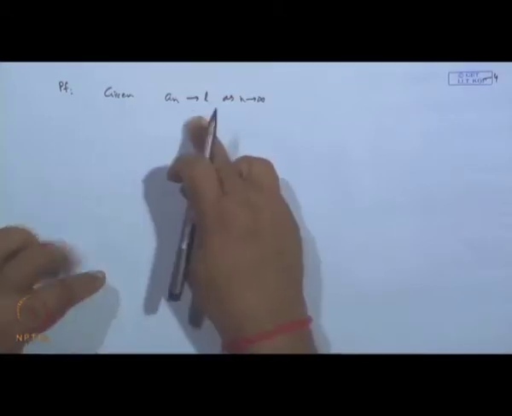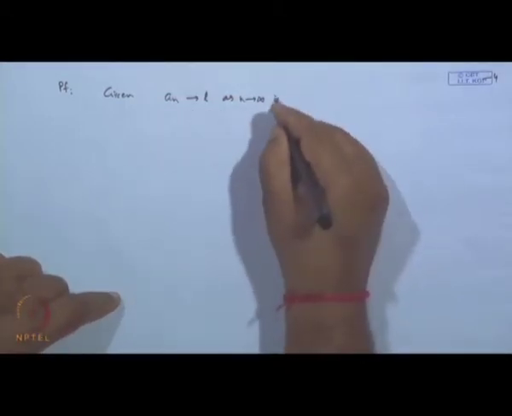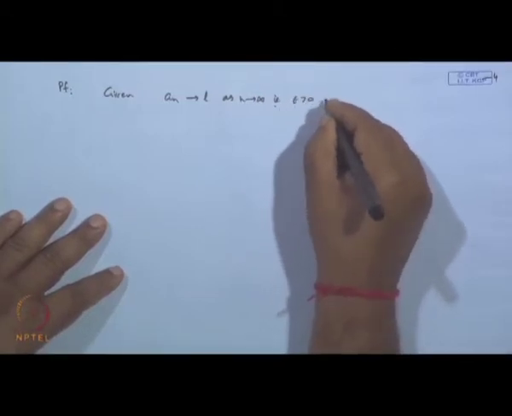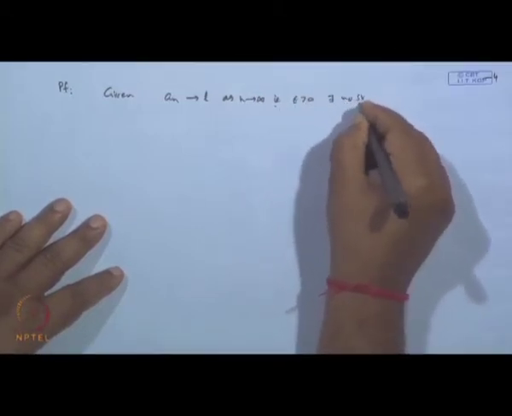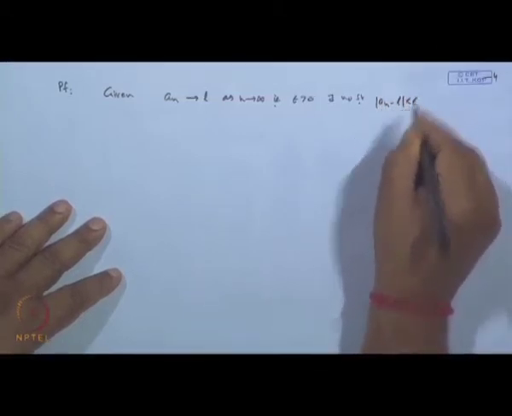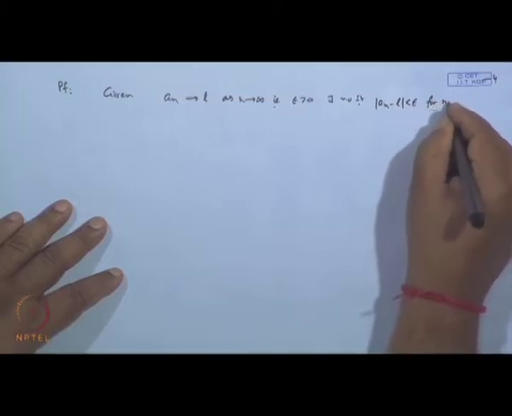It means for a given epsilon greater than 0, there exists an n naught such that the mod of a n minus L is less than epsilon for n sufficiently large.